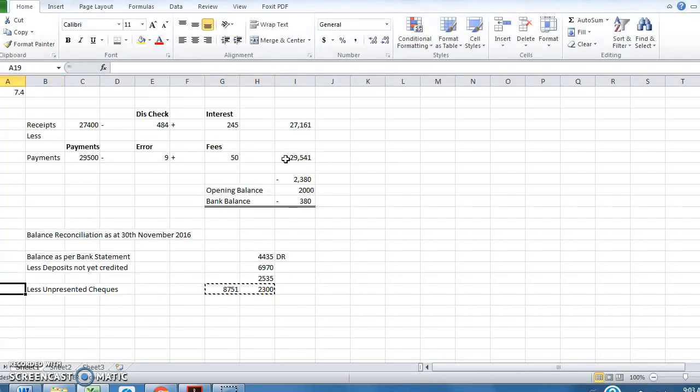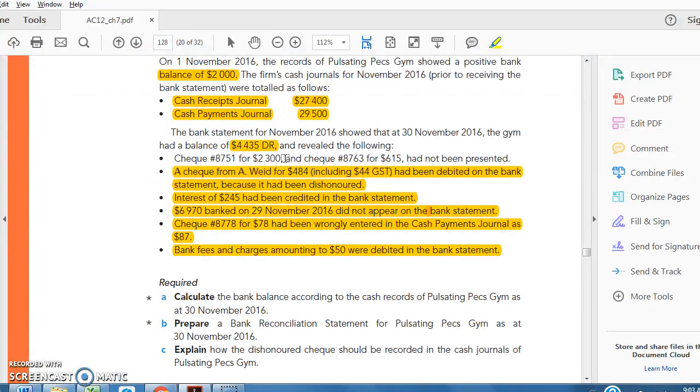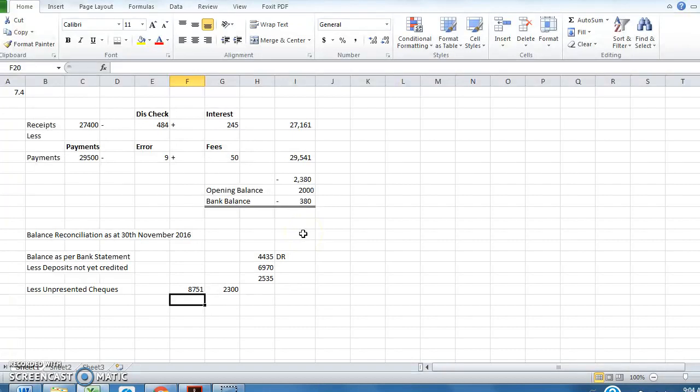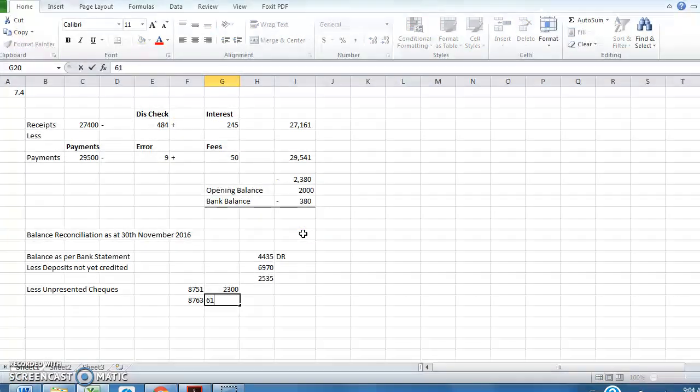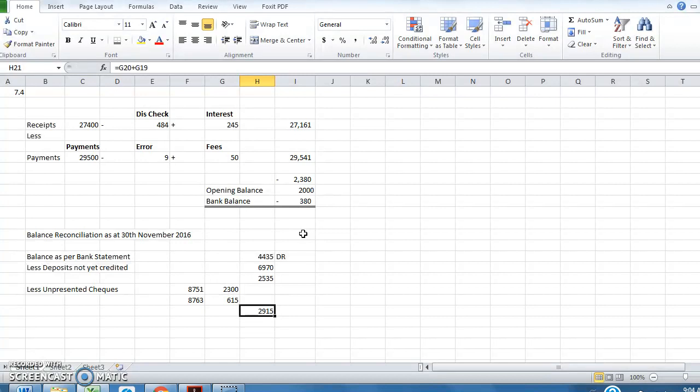And our other check, 8763, for $615. So what is our total here? And we get $2,915.